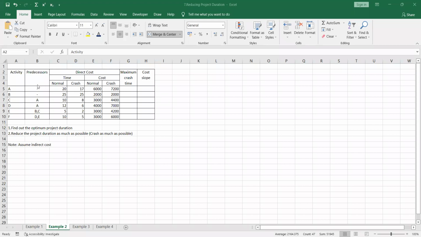Right. So in the second question, please write down this second question, right? So first we have to find out what? First we have to draw this project network. Now you can take some time and write down this question.